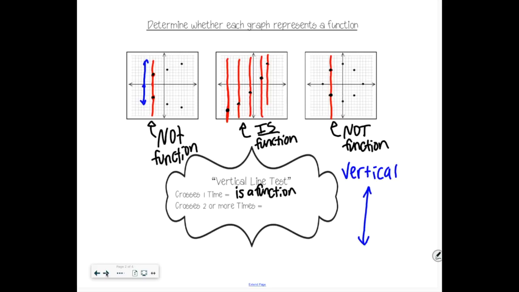But as soon as you have something like the first graph here, or as soon as you have something like this, where it hits it twice, 1, 2 times, 1, 2 times, now if it crosses 2 or more times, that is not a function.